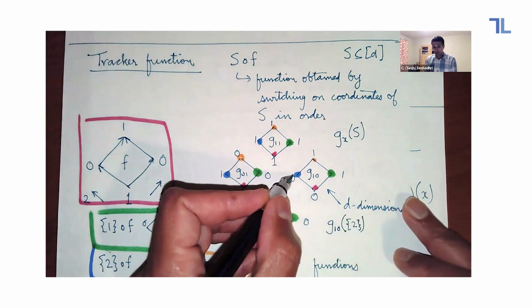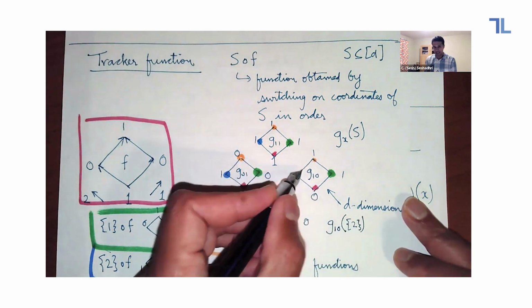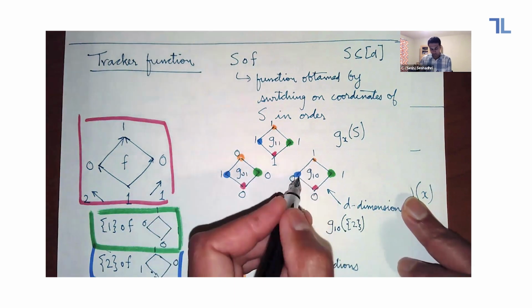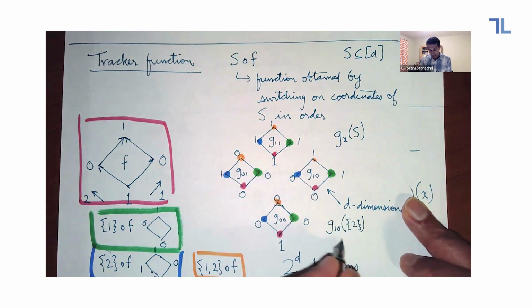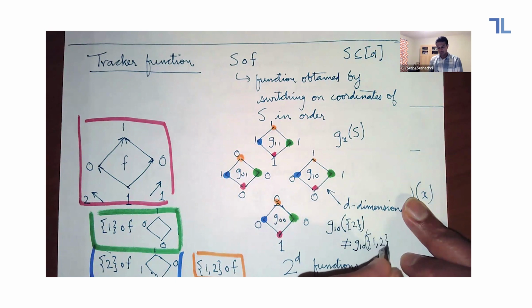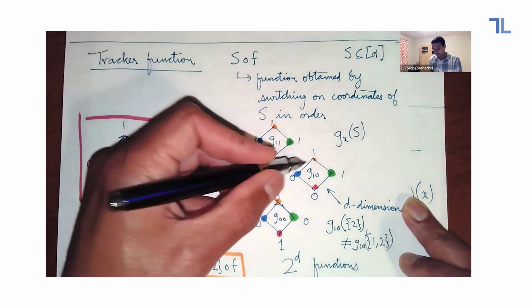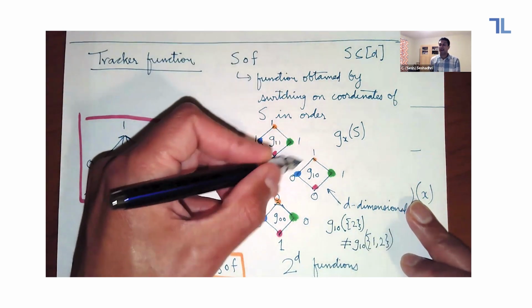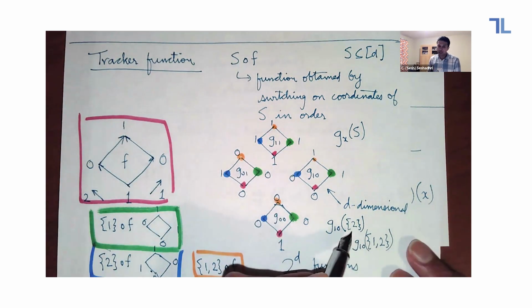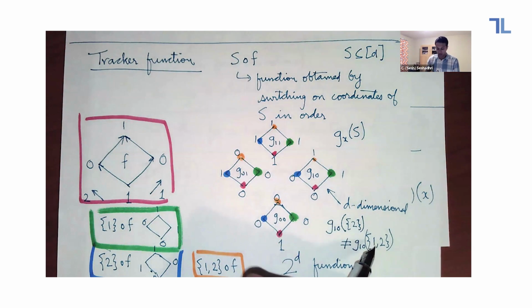This point has influence because this edge is influential. It says that g10 of 2 is not equal to g10 of 1, 2. So this point has influence when this fact is true, which means that in addition to 2, if I also switched on 1, the value would have changed.